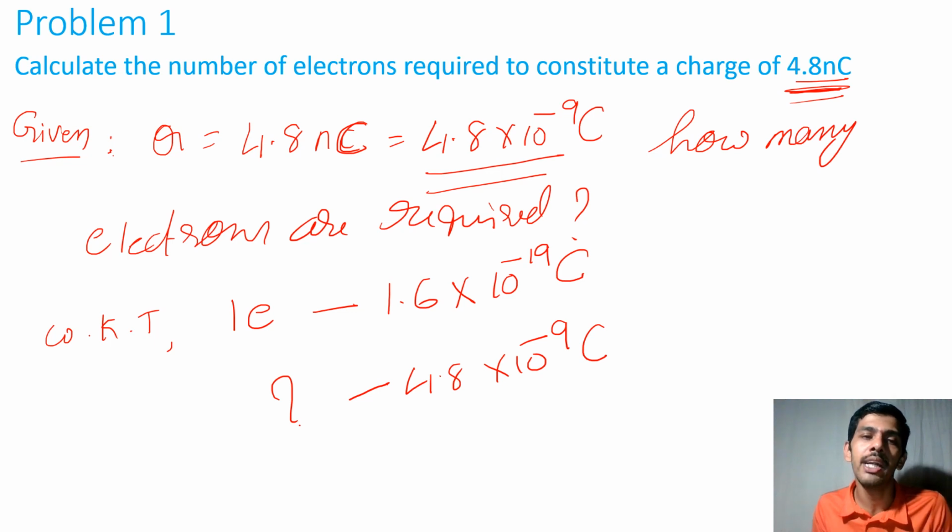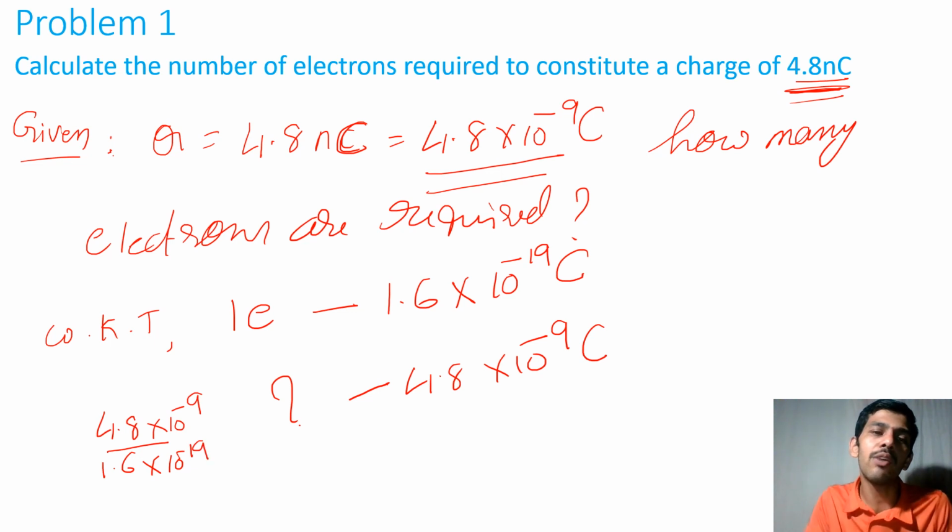How to find? It is just a cross multiplication. That is 4.8 into 10 to the power of minus 9 divided by 1.6 into 10 to the power of minus 19. That we need to calculate. 4.8 divided by 1.6 is 3.